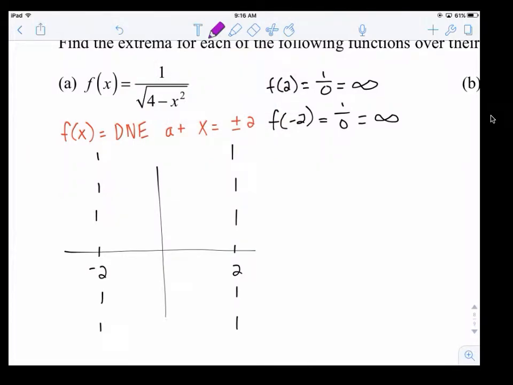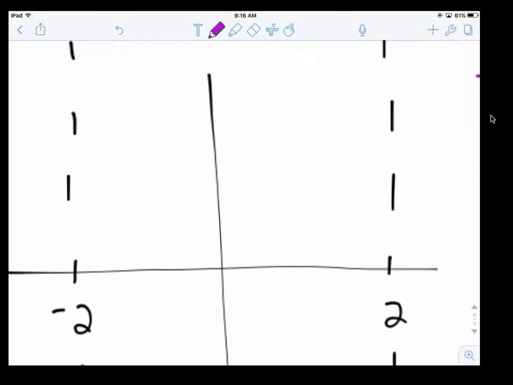Okay. Now, what other point could we possibly figure out? Say, like, the y-intercept. So when I plug in 0, what am I going to get? 1/2, right? Okay.